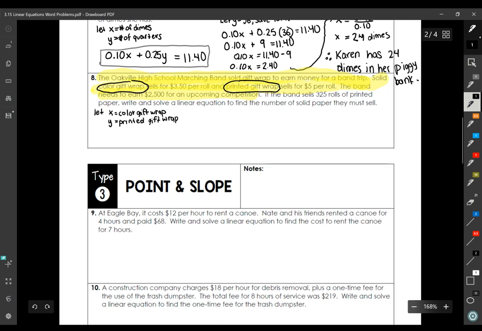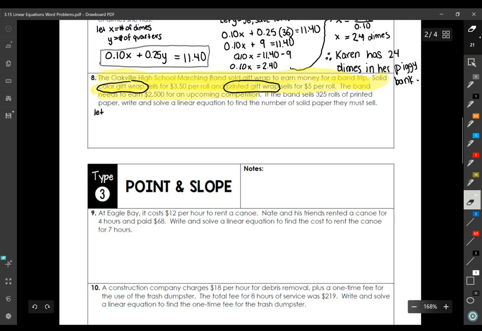Okay, so now all I have to do is, oh geez, you know what? I made a mistake. Because x and y are not just colored gift wrap or printed gift wrap. Let me erase that. I don't like this. I'm going to change that.